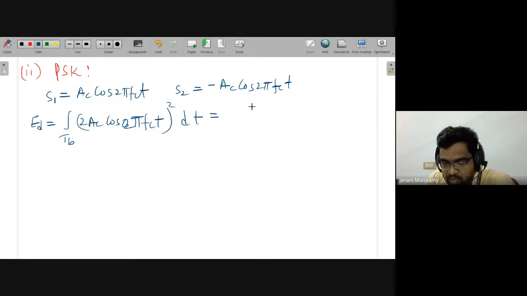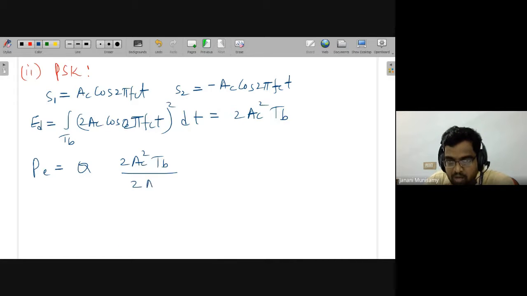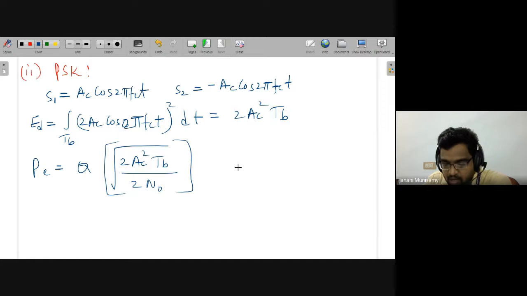Once you do this integration, you will get 2 times AC square TB. Then put it in the regular formula, Q function, of 2 times AC square TB divided by 2 N naught. Now the 2 cancels, and you will get Q of AC square TB divided by N naught.